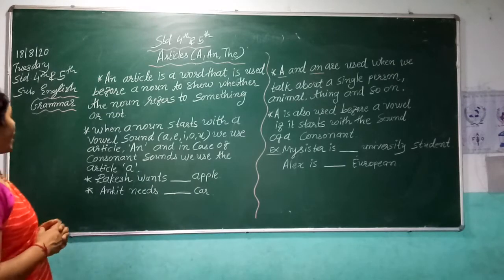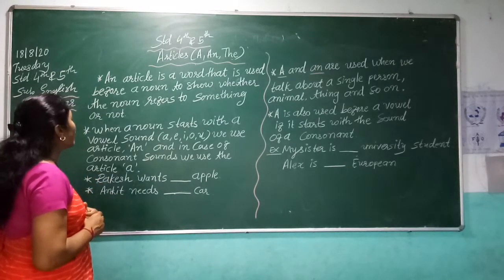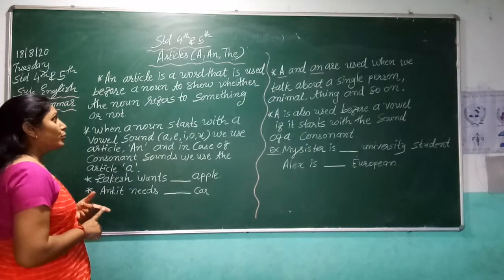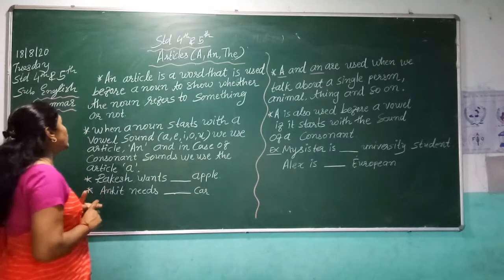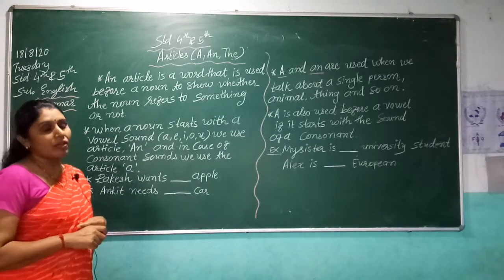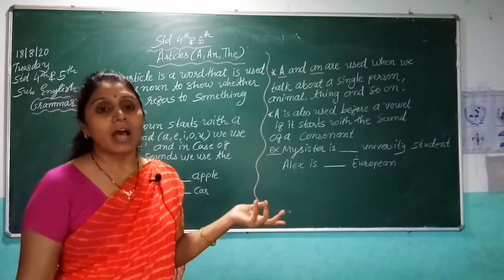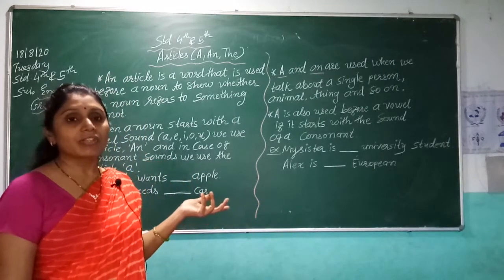First, an article is a word that is used before a noun to show whether the noun refers to something or not. We already learned in a previous lecture about nouns. What is a noun? Nouns means the name.